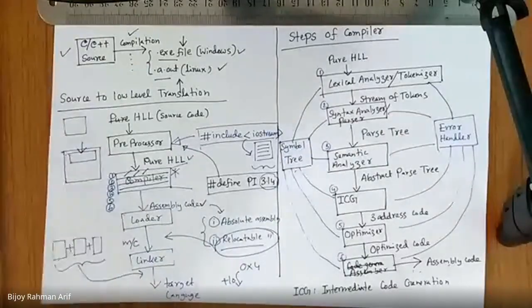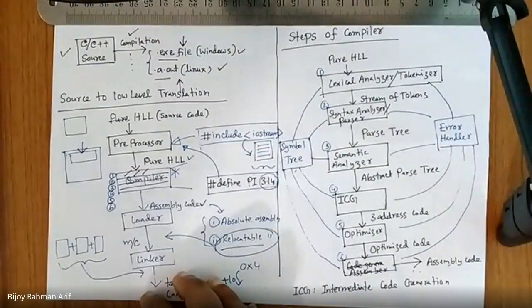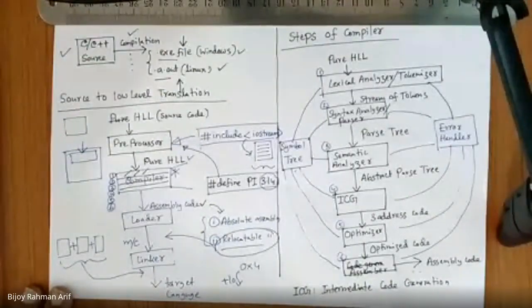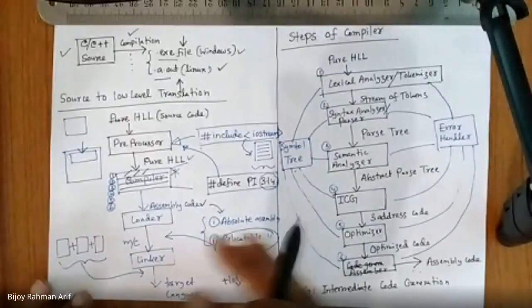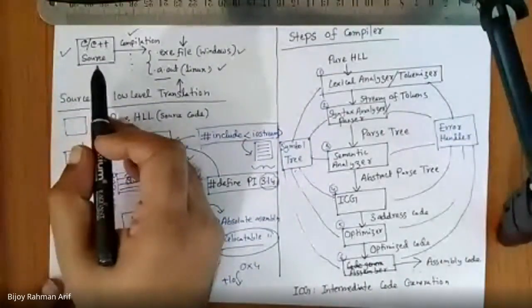We have stopped over here. So we have talked about how source to low level translation is happening, and we also showed the steps of the compiler. So please remember, whenever we are writing code in high level languages like C, C++, we write the source code.